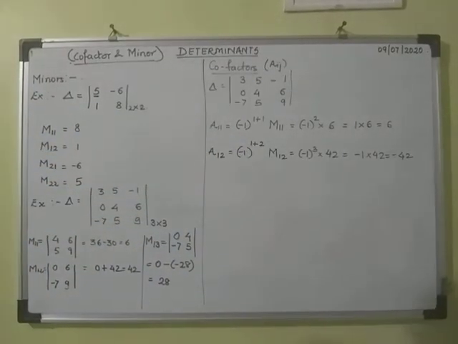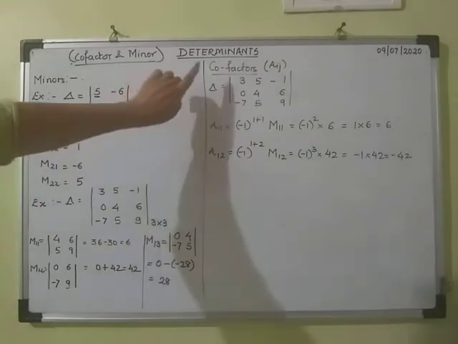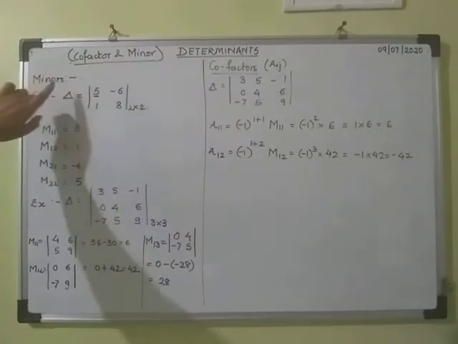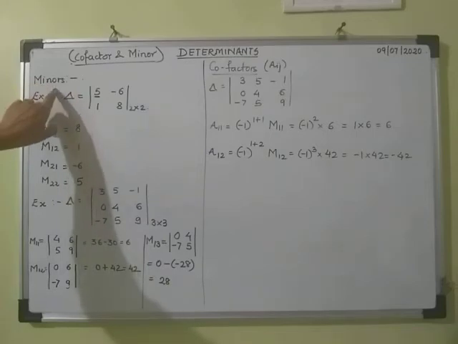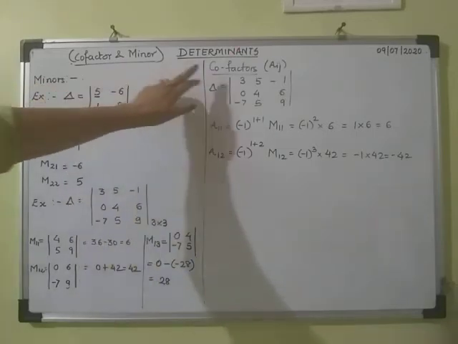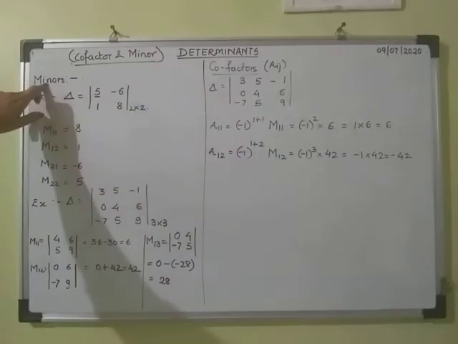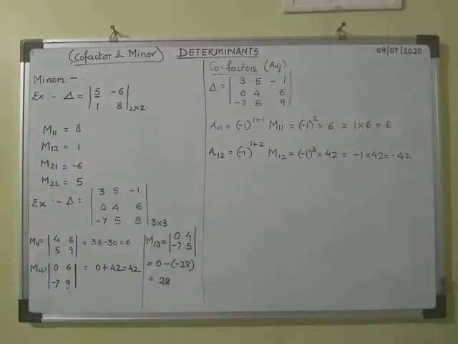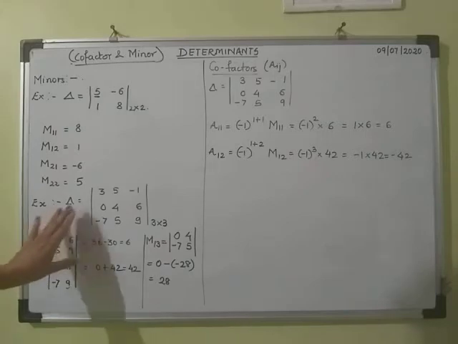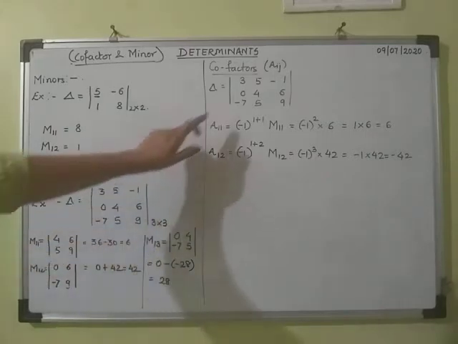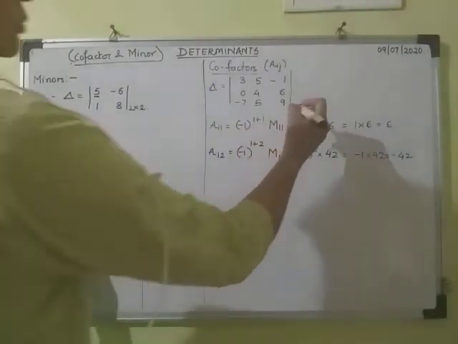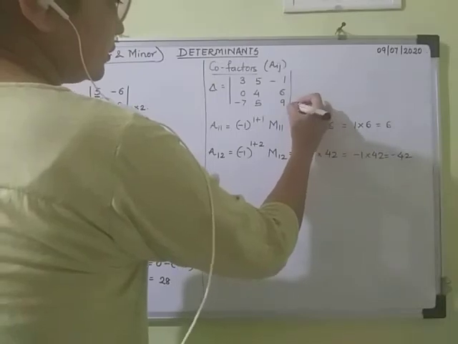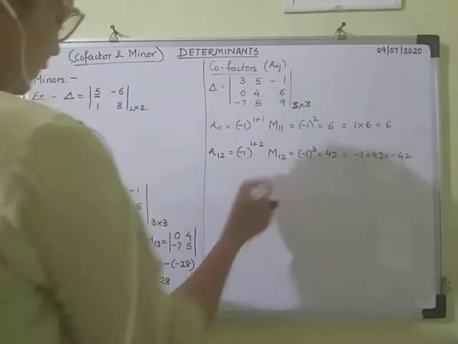Now cofactors. We can find cofactors only when we have found the minors. So for this reason I have taken the same example, the 3 by 3 matrix, because its minors I have already found out here.